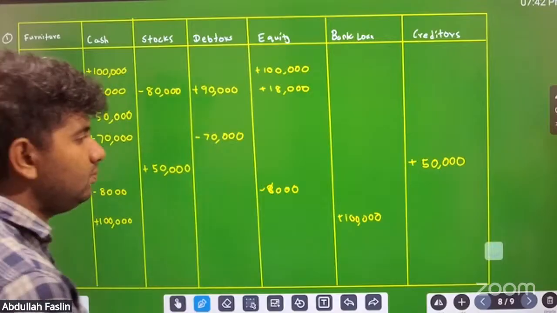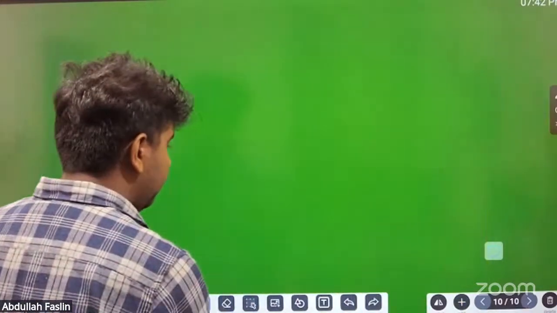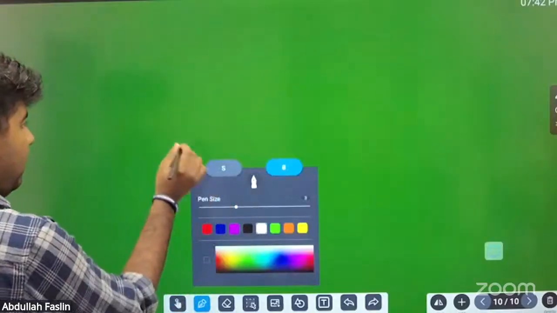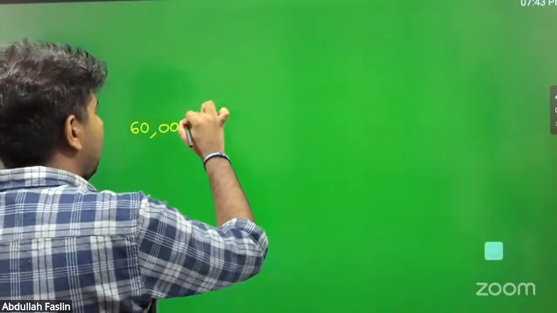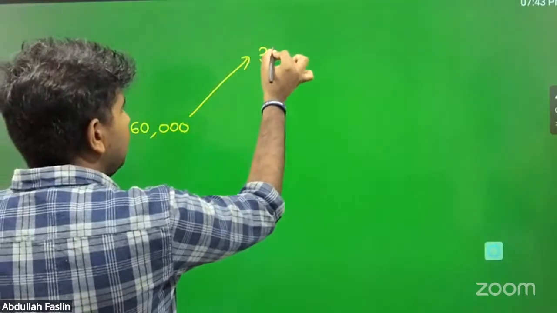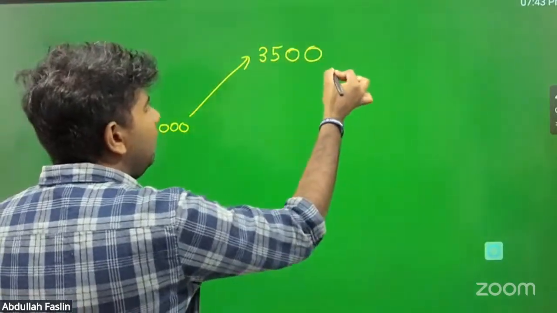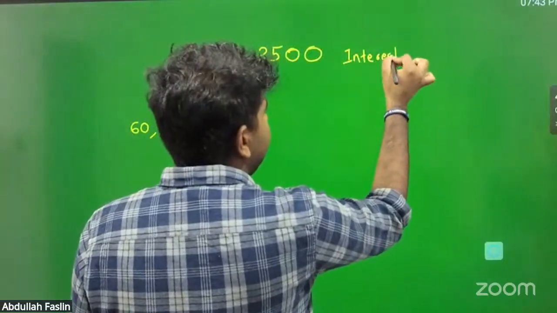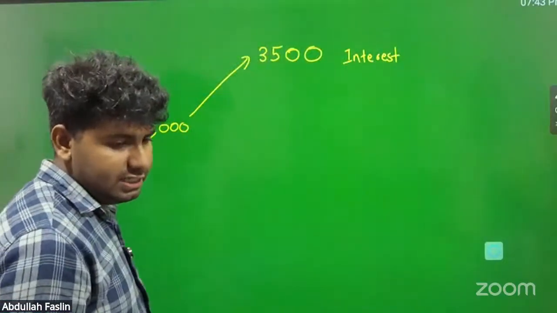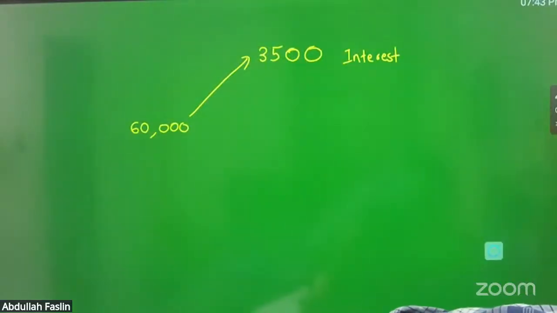All right. Now, look here. I am paying 60,000 by cash to the bank. Out of this, 3,500 is related to interest. Interest means the bank is not giving us a loan for free; there is an interest portion also.